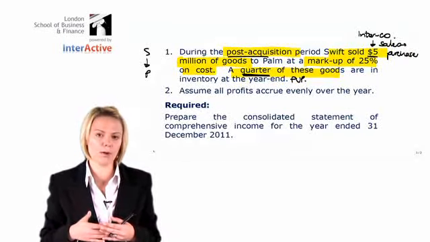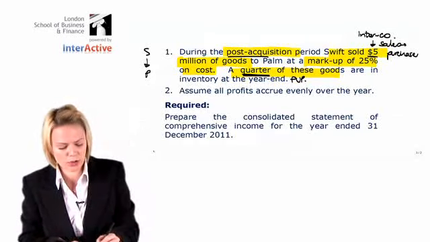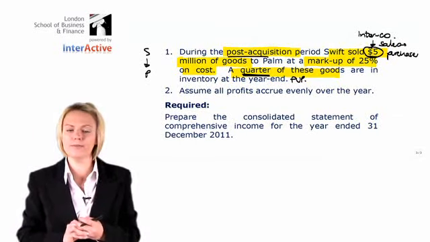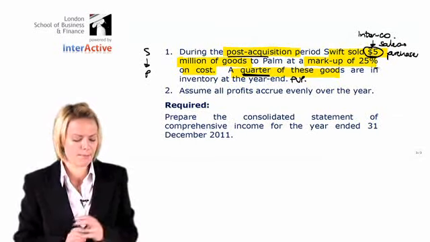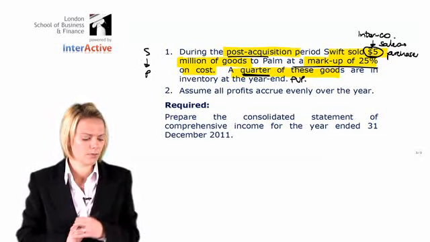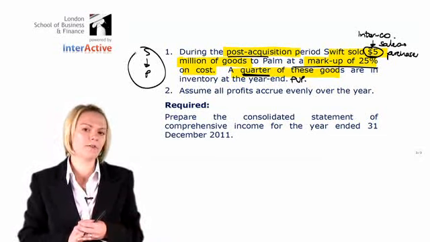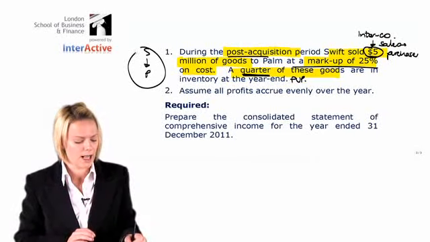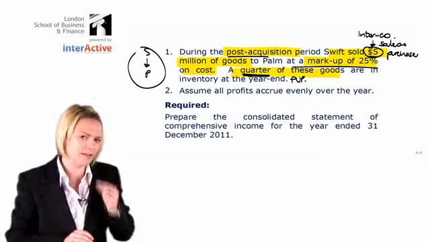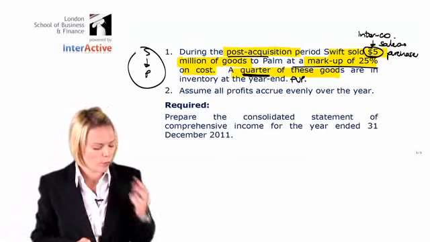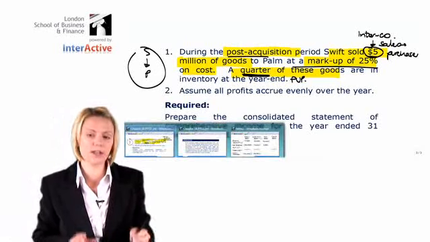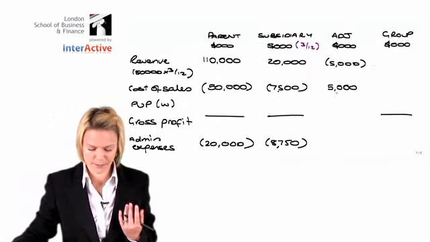Finally, then, we deal with the PUP. We've been told the transfer price of 5 million. We've been told it's a markup of 25%. We know who made the profit, the subsidiary, and a quarter of those goods are left in inventory. We will need to do a calculation now for the PUP.